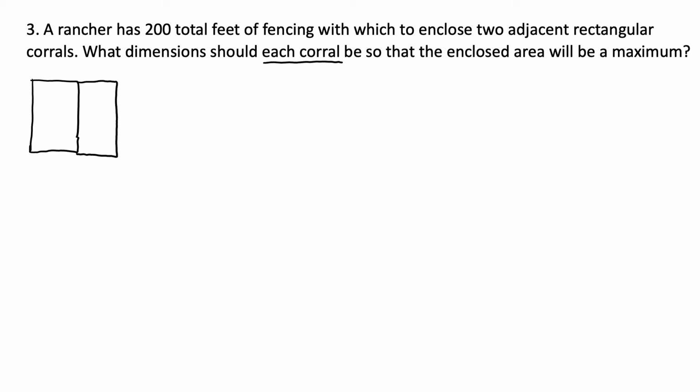So let's go ahead and label this as x, x, y, y, y, x, and x. So labeling each piece. And we want to maximize our area. Oh, and we have 200 total feet of fencing. Okay, lots of important information. So 200 total feet of fencing, that's going to be the amount on the outside.